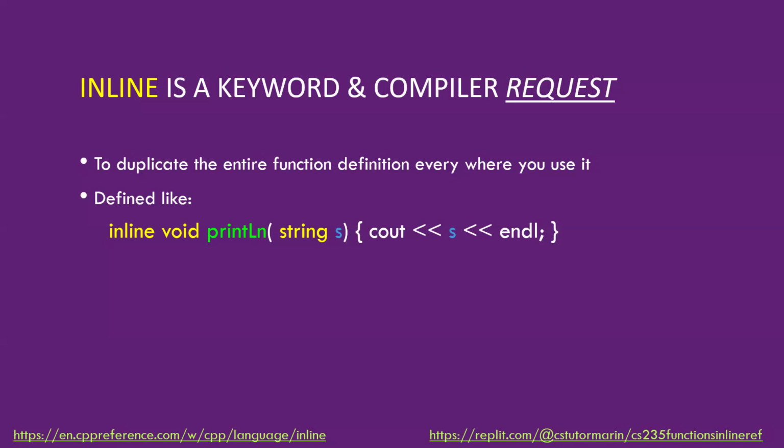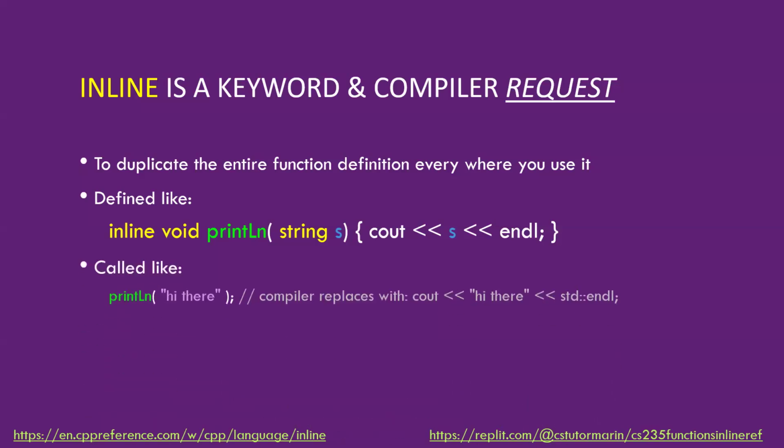So the idea is inlining something makes it run faster, but it copies a lot of code, kind of like templating. And so it can make your code bigger, okay? So that right there would end up being replaced with that code. And if I called printline 1,000 times, then maybe I would have a bigger executable at the end. We'd have more zeros and ones in our executable binary.